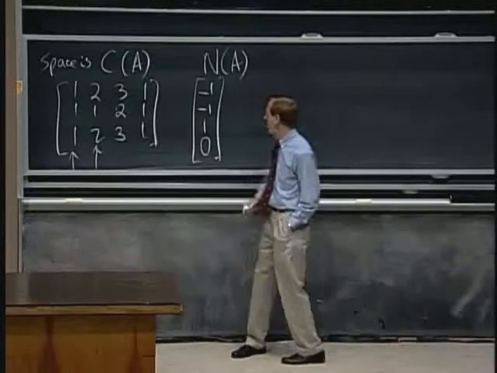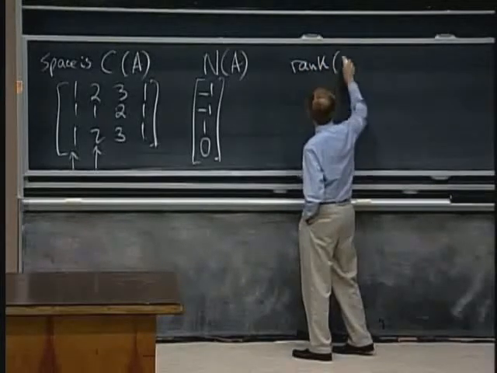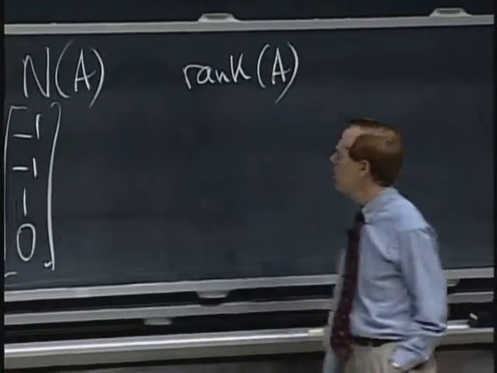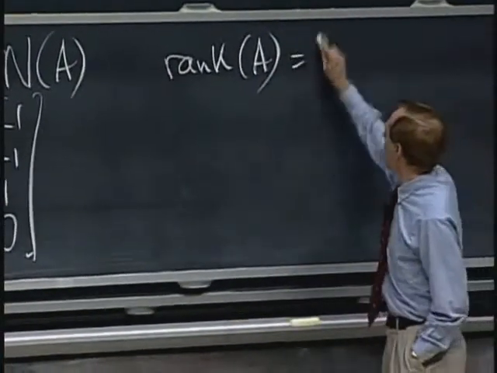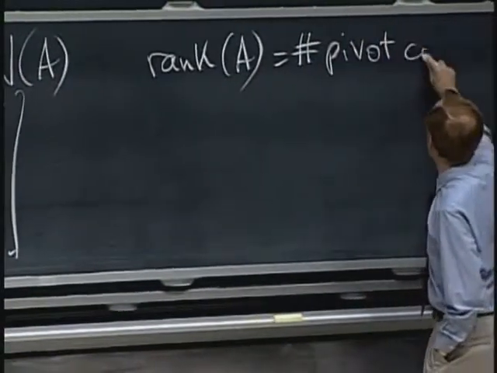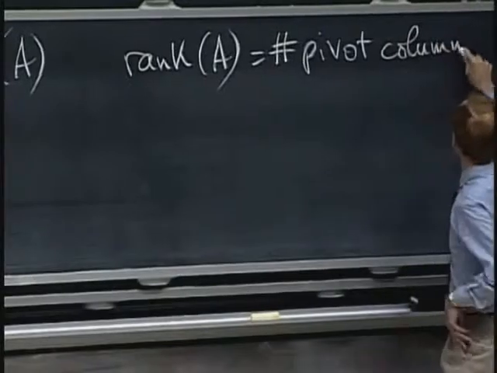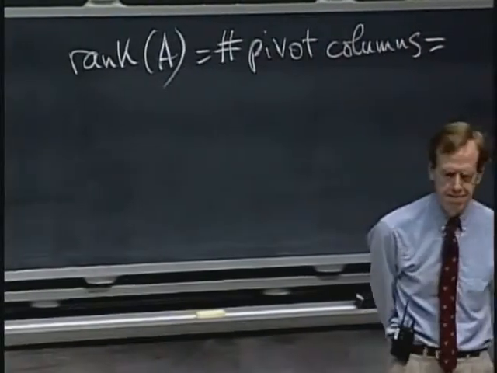And now that rank is also, we now have another word. We have a great theorem here. The rank of A, that rank R, is the number of pivot columns.